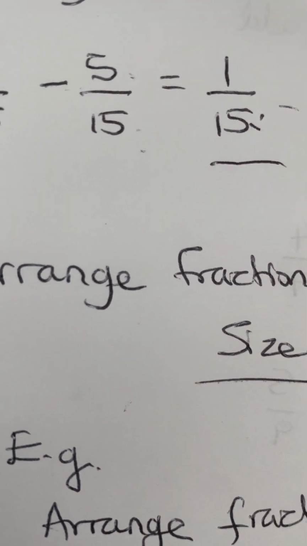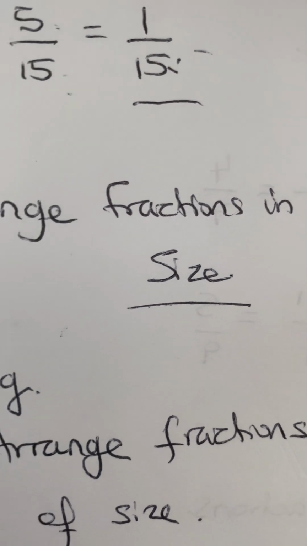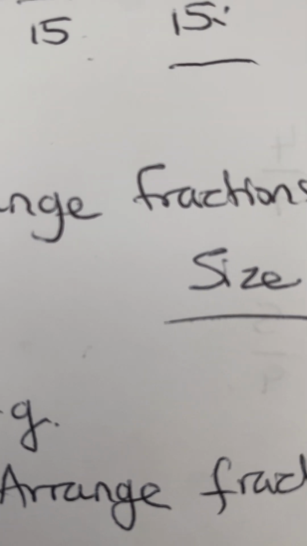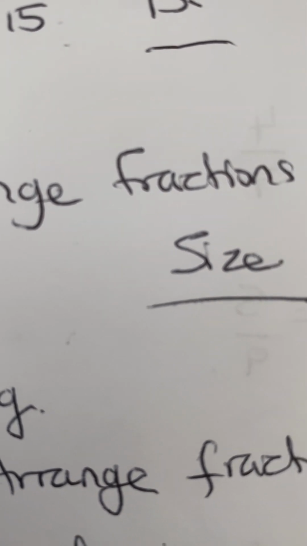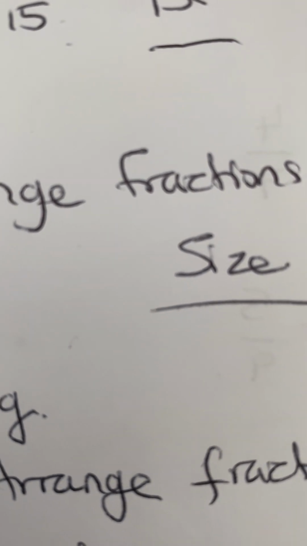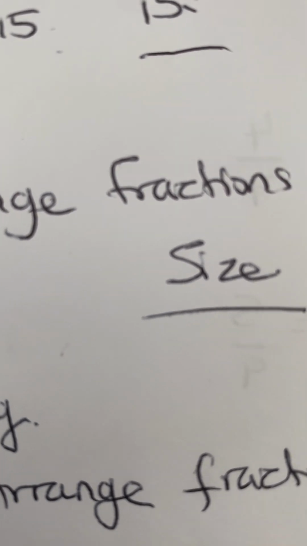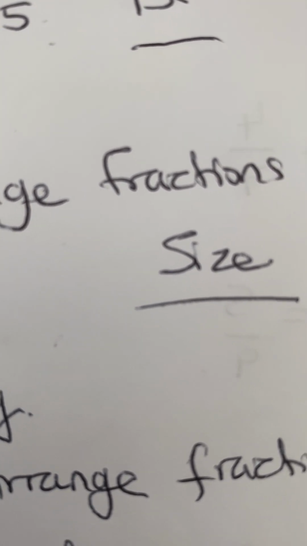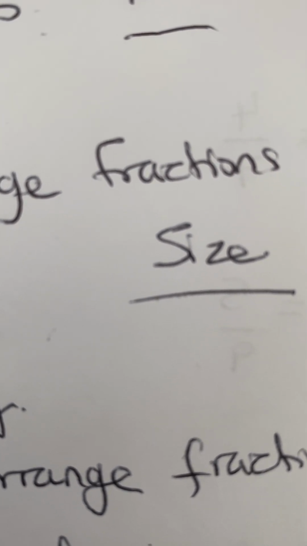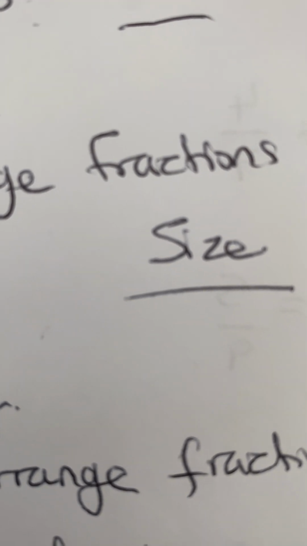So now, arranging fractions in order of size, from the lowest value to the highest. If you have a group of fractions with the same denominator, like 1/4, 2/4, 3/4, 4 over 4, you can easily see the pattern.